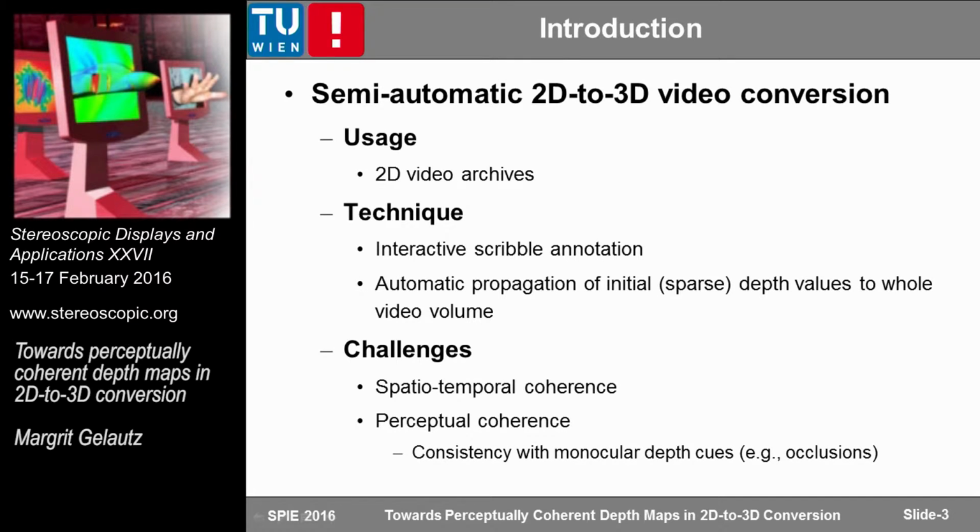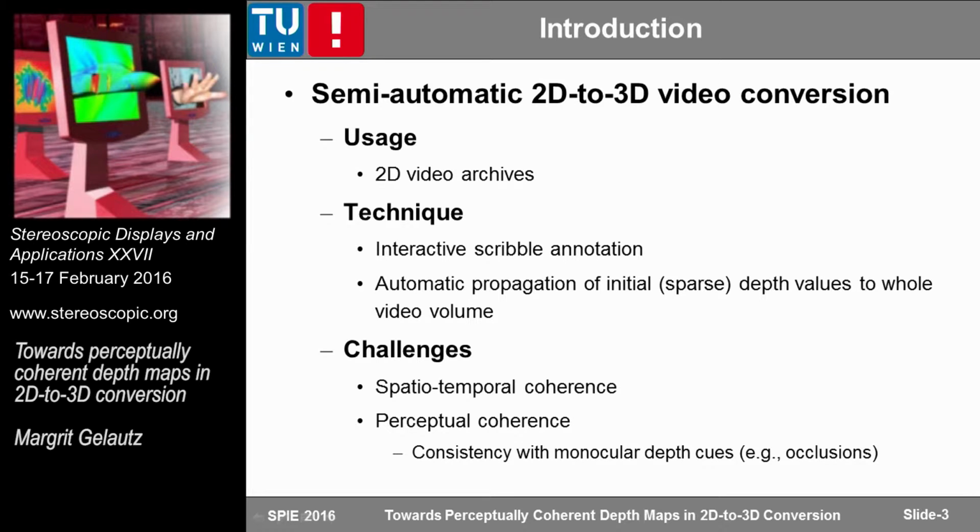So just a few words, why do we need 2D to 3D conversion? Nowadays, there's a broad range of 3D capturing devices already available, but of course, if we are dealing with available 2D archives and we want to convert them to 3D, then those 2D to 3D conversion techniques come into play. There are several ways to do that, and one of them, which we are actually using, is an interactive, semi-automatic approach.